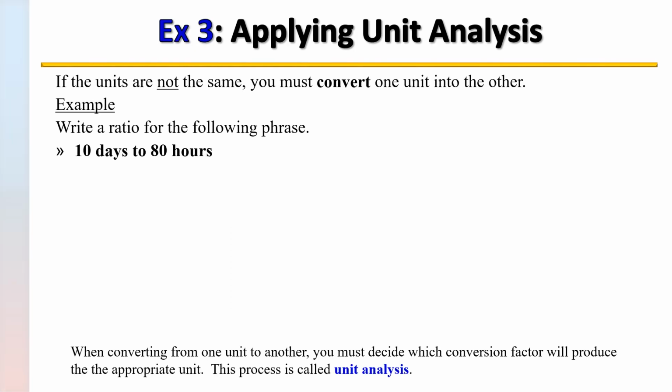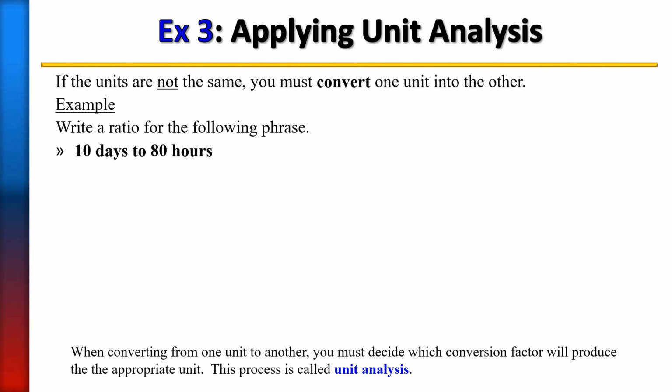In this next example, we have a ratio where the unit of measure is not the same. So if the units are not the same, what you're going to have to do is convert one of them so that they are the same.